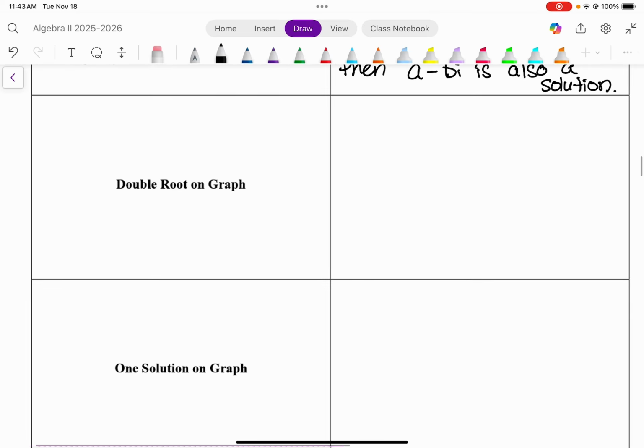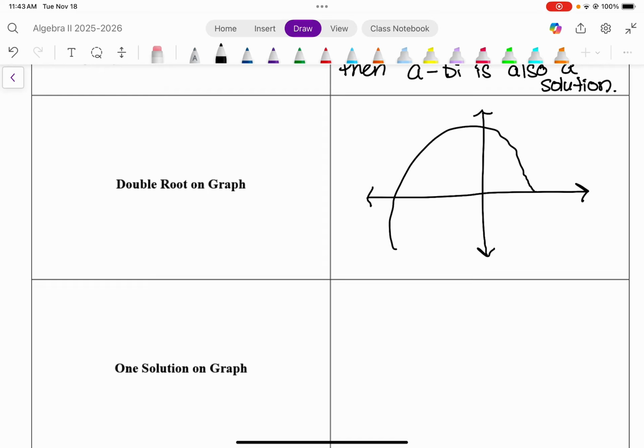Okay. Double roots on a graph. When we are graphing, a double root is when you get the same answer more than once. That's going to show up on a graph where the graph just touches the x-axis. So over in this picture to the right, a double root would occur where that red dot is here.